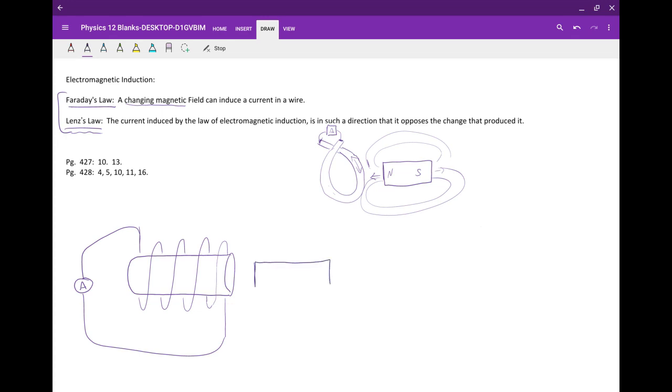Now, I've got a magnet that's north here. If I push this magnet in this way, what's going to happen is this wire will get a current in it because it is now in a magnetic field that's changing.